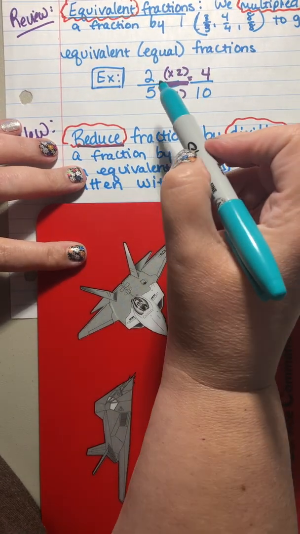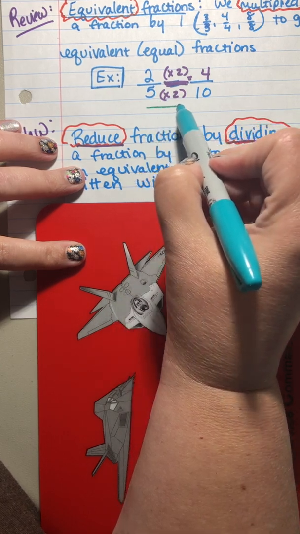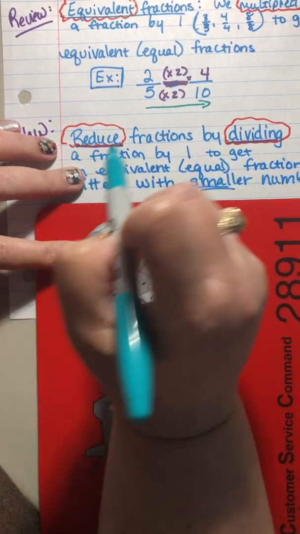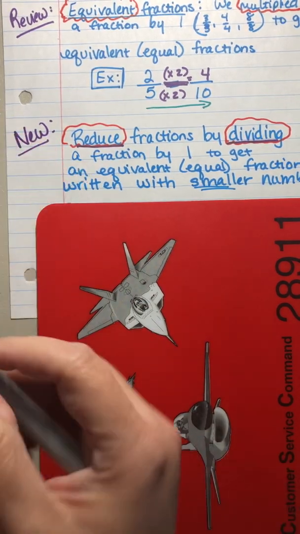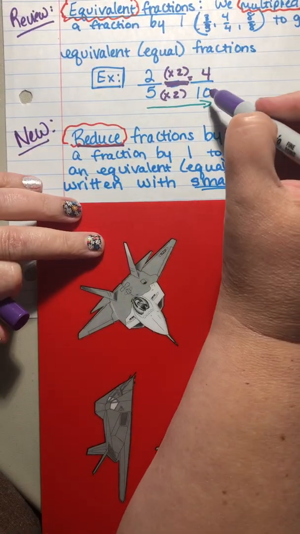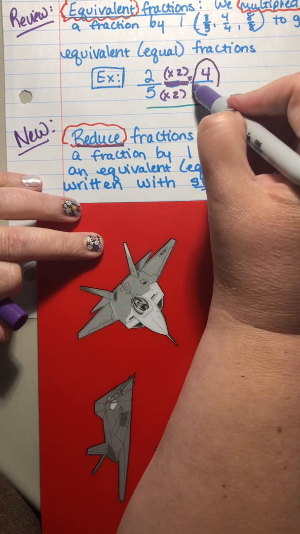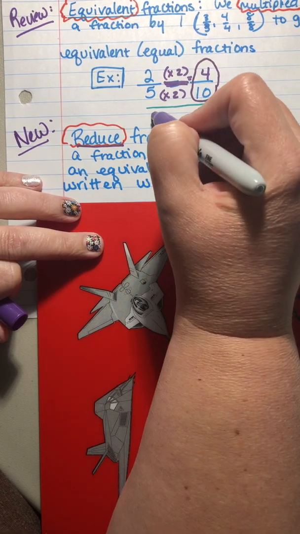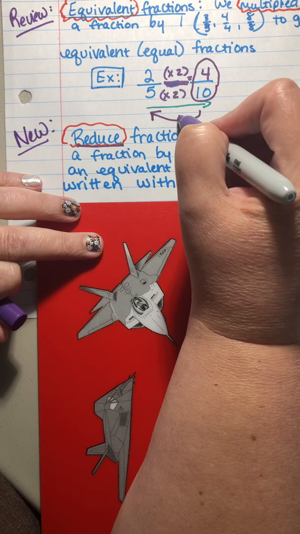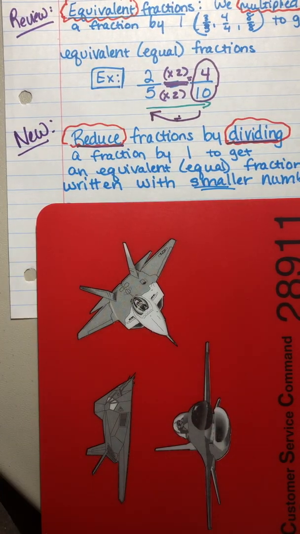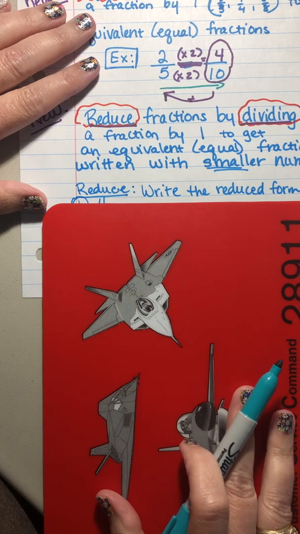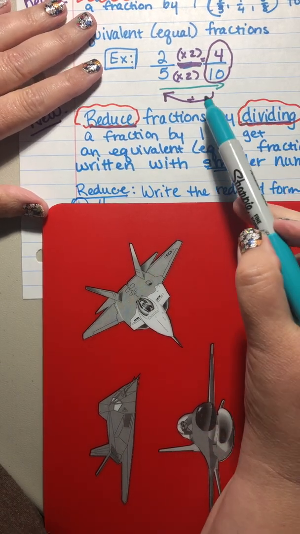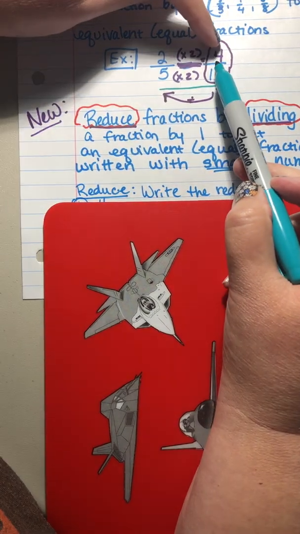So if I look at this, in the past we have multiplied and gone this way, right? We did 5 to 10. Now we're going to be going the opposite way. We're going to be given this fraction and be asked to go backwards, which is going to be to divide. So when we do that, our fraction gets written in smaller numbers.